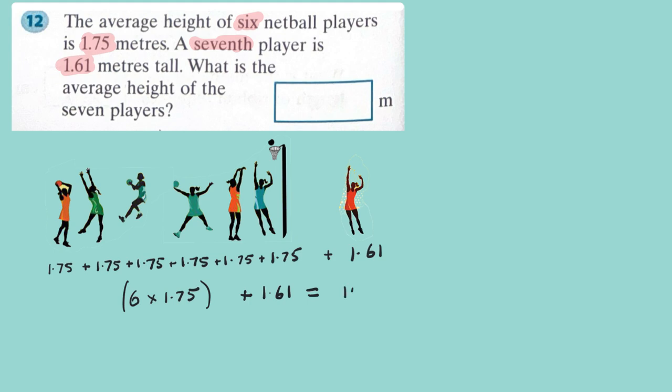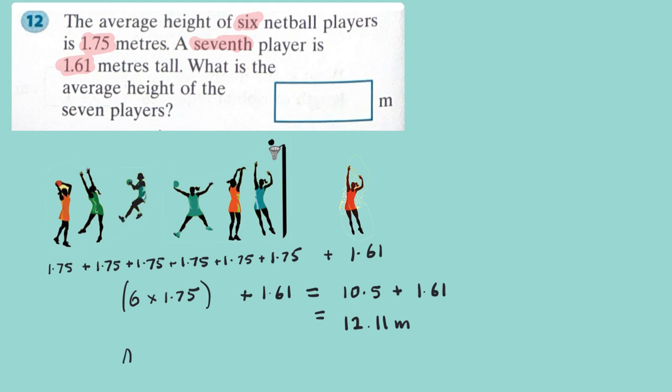That would be 10.5 plus 1.61, which is equal to 12.11 meters. Now that means that the average height of the players now has to be divided by 7.